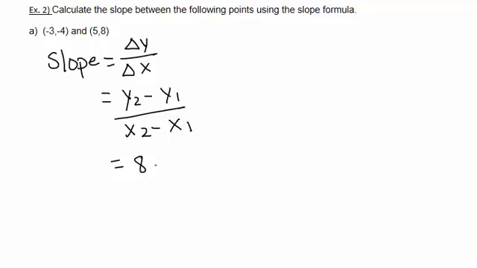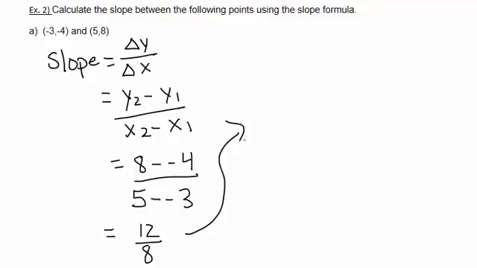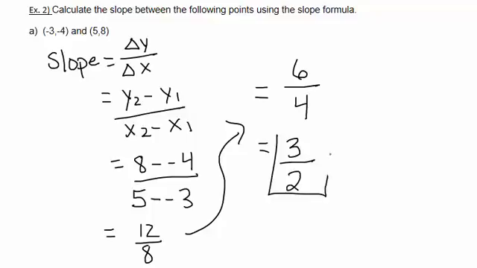So 8 minus negative 4, and our x2 is 5, and our x1 is negative 3, so 5 minus negative 3, which is equal to 12 over 8, and can be reduced to 6 over 4, and that can be reduced to 3 over 2, which is our final slope.